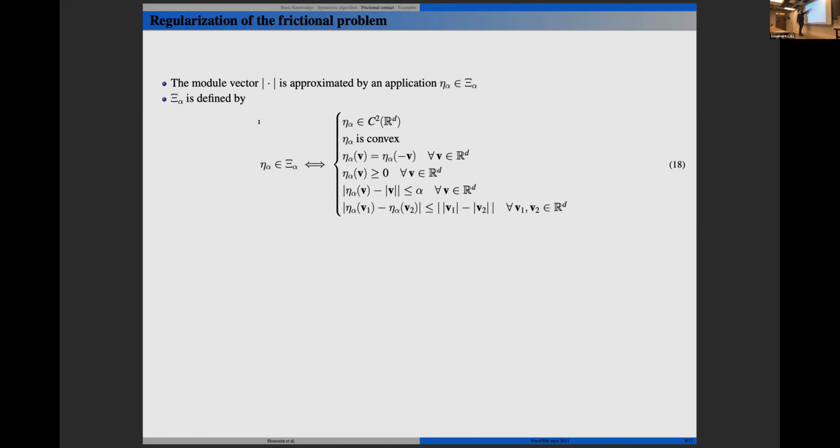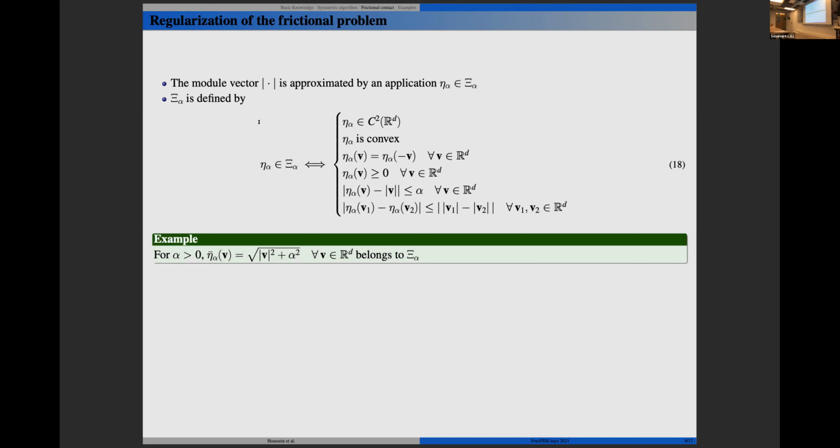For example, they can be C2, convex, symmetric, positive, and also satisfying these two inequalities. We can give an example of a regularized function, where alpha is strictly positive. In the numerical example, this function will be used for the simulation.